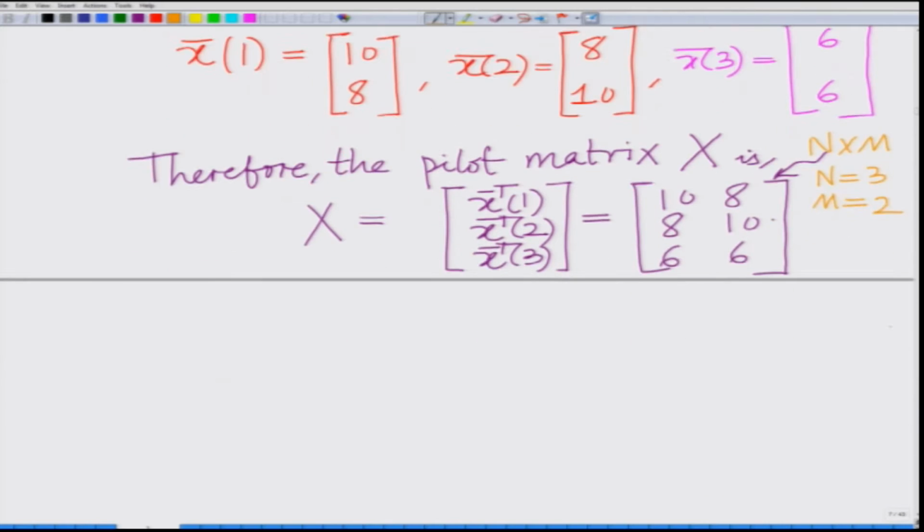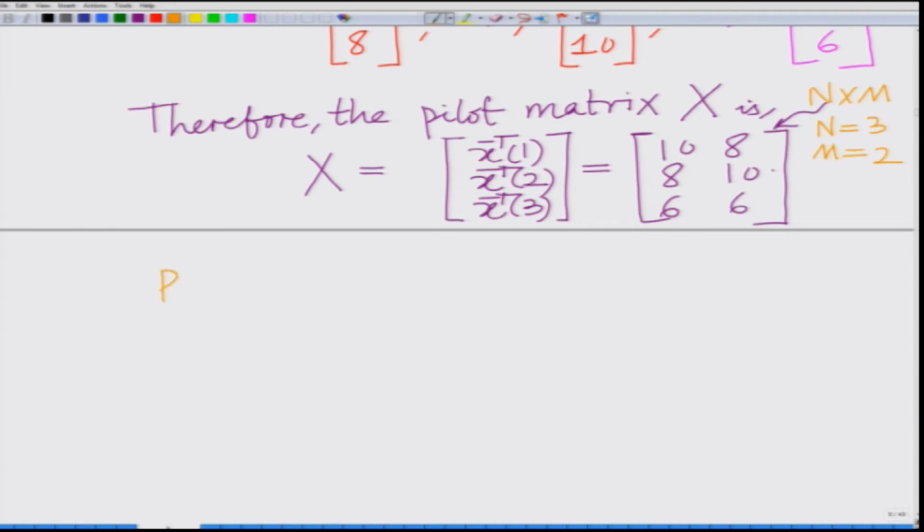So the pilot matrix X is of size 3 cross 2.